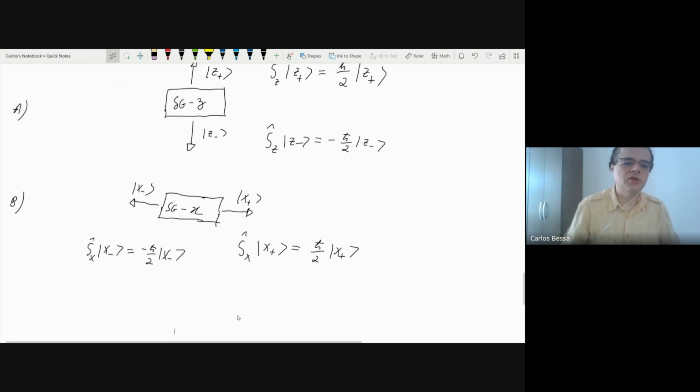But the interesting thing here is if you have a sequence. So let's consider a sequential Stern-Gerlach experiment.